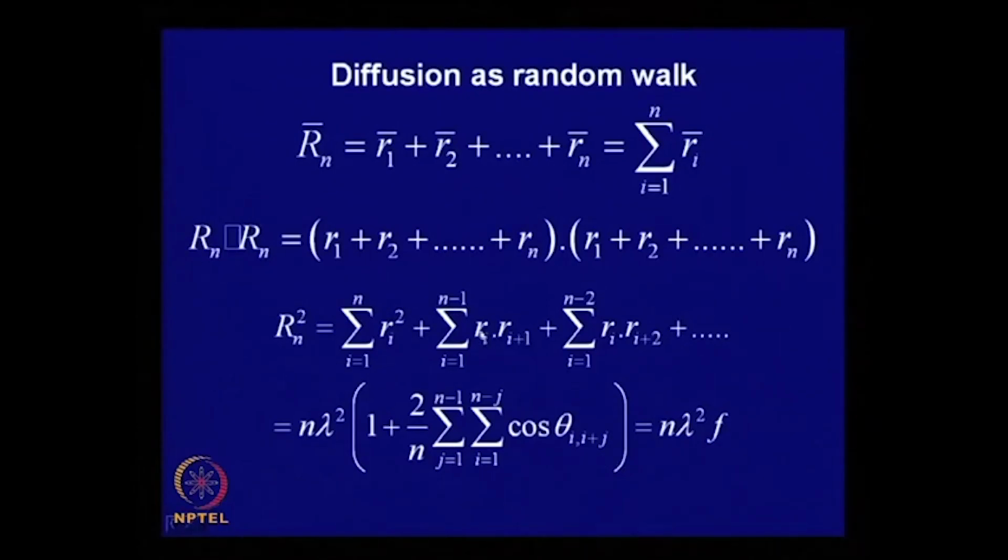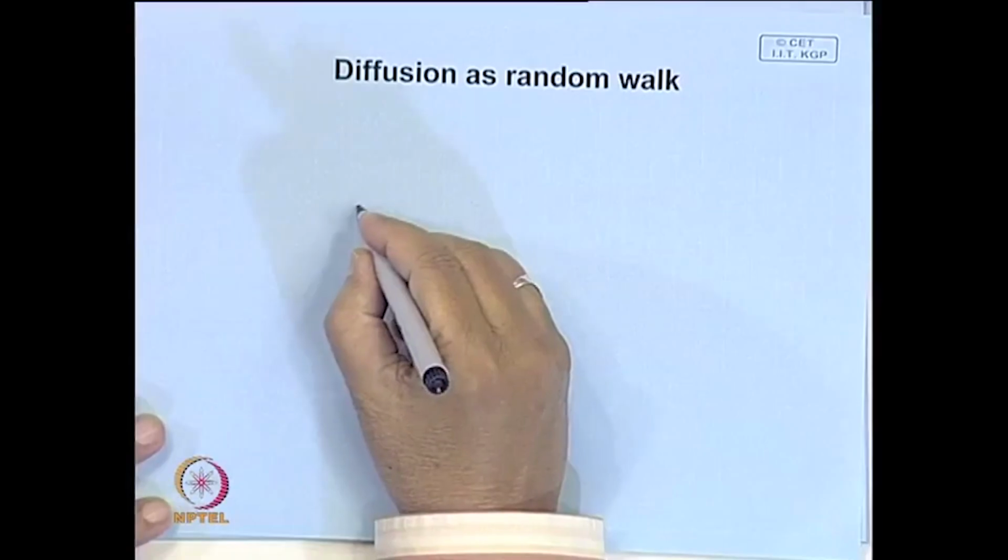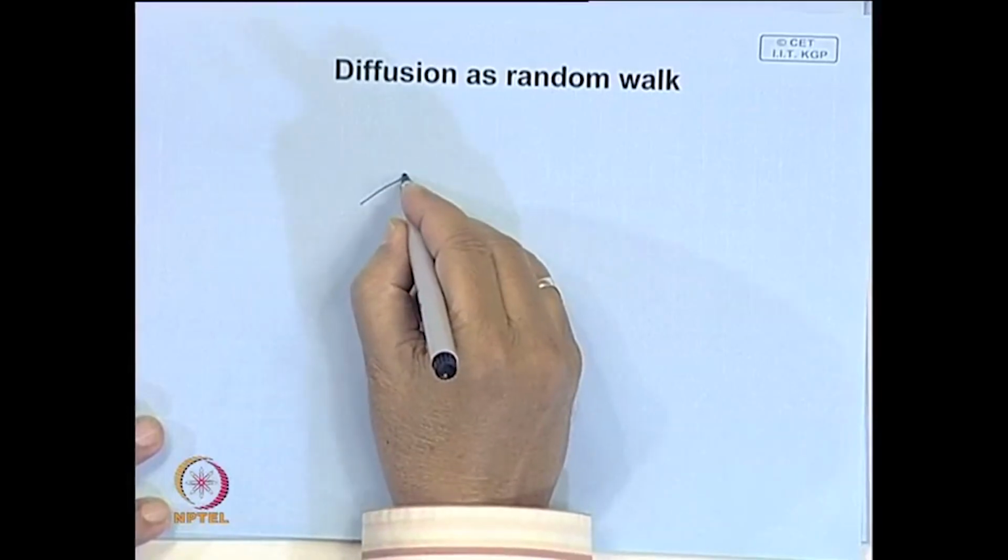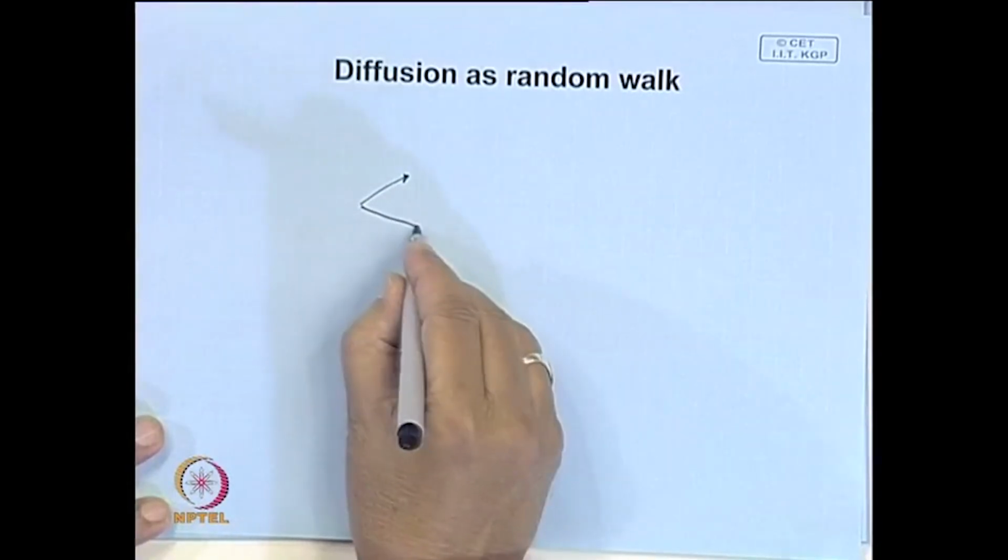Each of these is actually a dot product. Here also this is a dot product, and what we have done here is basically, if you have one vector, say a random walk in this direction, and another random walk in this direction.